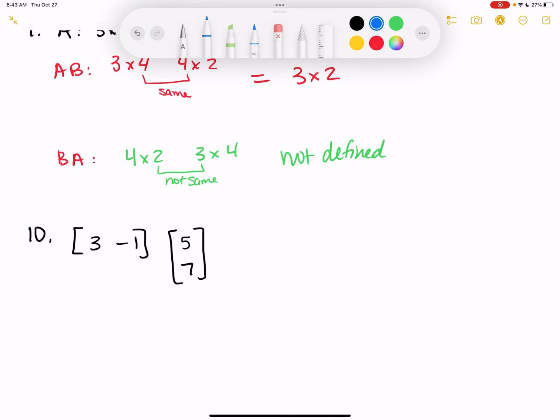So rows then columns. So I've got 1 row, 2 columns. So this is a 1 by 2. The other one is 2 rows, 1 column. So it's a 2 by 1. Those two are the same. So my result is a 1 by 1.